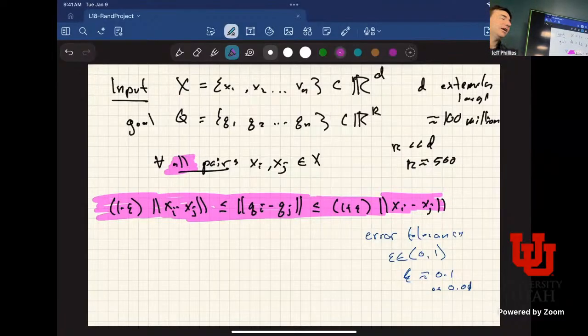It could be that most of the distances are guaranteed within 1%, but there are a few distances that are distorted a lot, right? By 50%, or I've reduced the distance between things a lot. You could think of there's a subspace, most of the data lies here, but there's one or two outlier points that I have to project down onto this. Now, if I do a nearest neighbor query, I might choose those as the nearest neighbor, even though they're actually very far away.